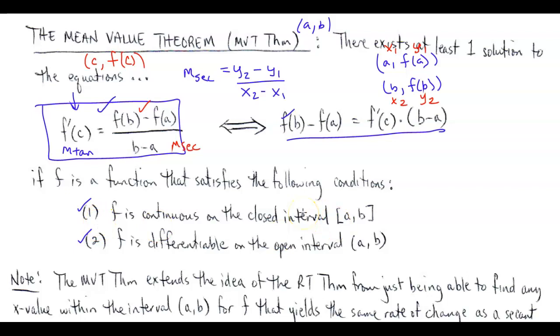So again, mean value theorem guarantees that you will have at least one point on the graph of your function that will have a corresponding slope of the tangent line that's going to be the same as the slope of the secant line of that function from x equals a to x equals b. Guaranteed to happen if, number one, your function is continuous on a closed interval, and two, your function is differentiable everywhere strictly in between x equals a and x equals b.